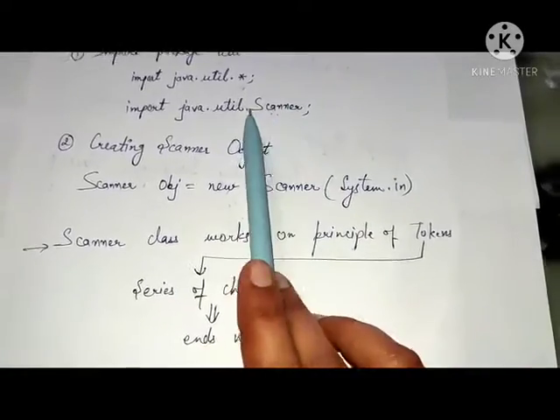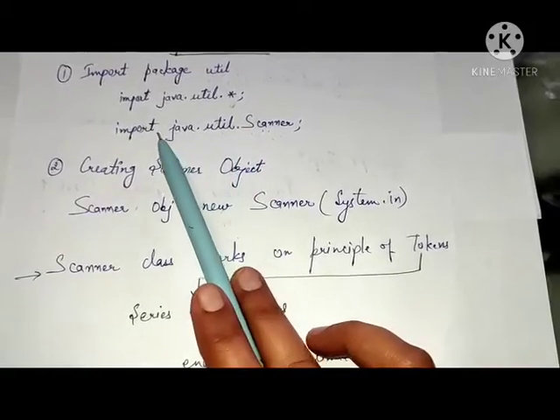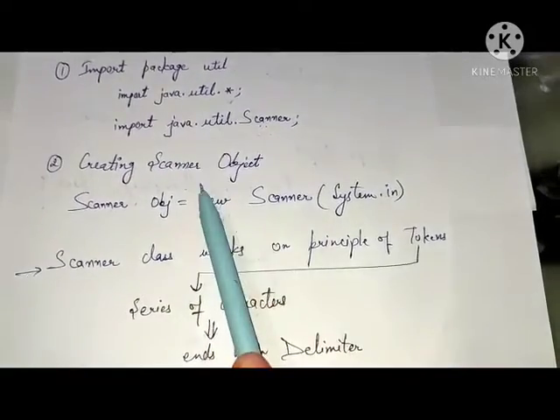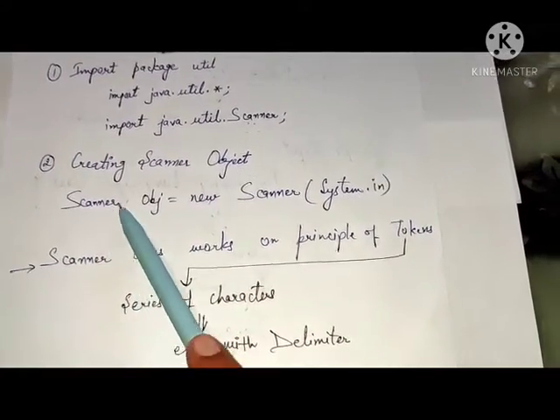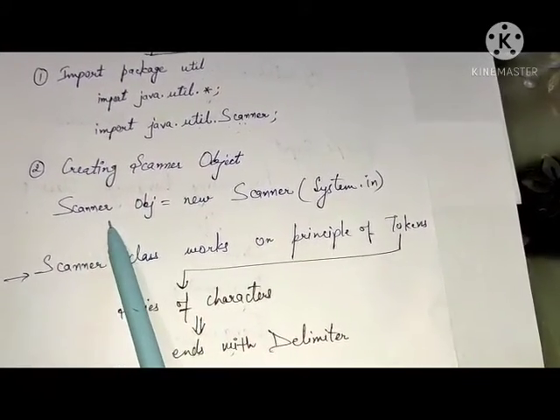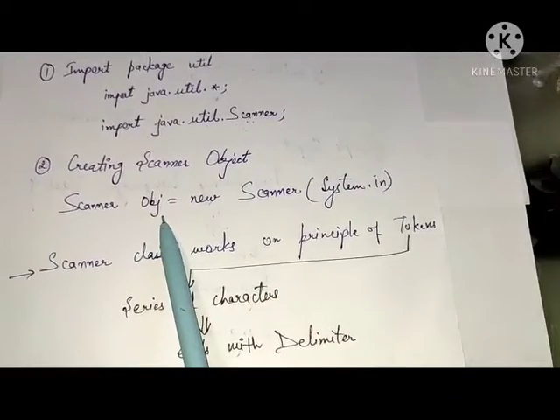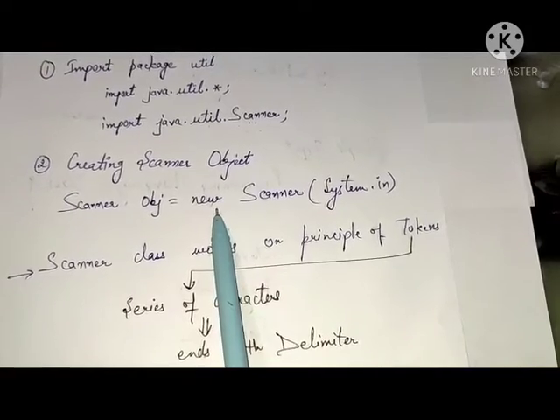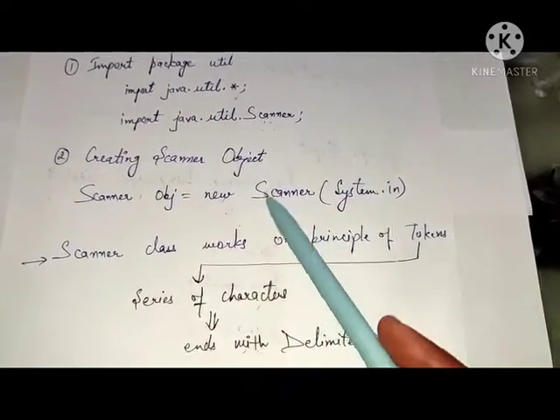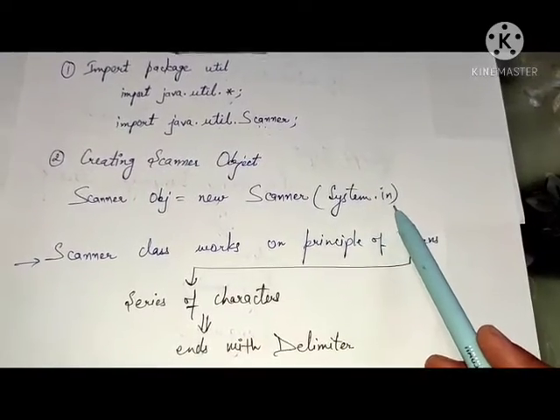Now, the first step is to import the util package by writing the import statement. The second step is to create the object of the scanner class. How can we create the object? Scanner is the class name, then the object name. I am writing the object name as obj, equal to, new keyword which is used to allocate the space, again Scanner, and in the parentheses I have written System.in.